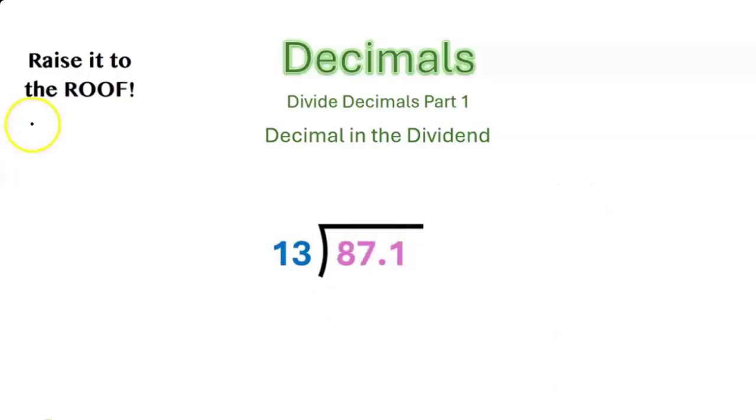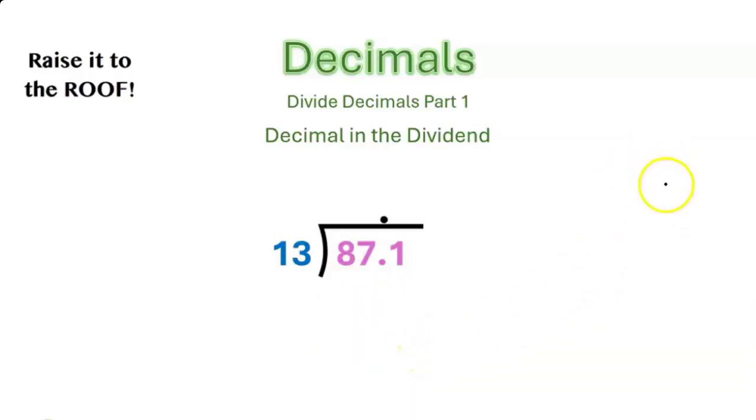Let's try one more. Remember, raise the roof. So I'm going to go ahead and put that up there on the roof. Then I've got to think, how many 13s go into 87? That gets a little bit harder. A trick to long division is to write the multiples.